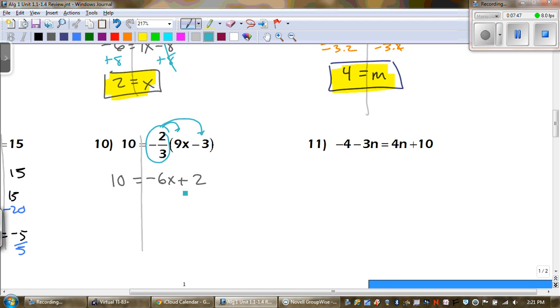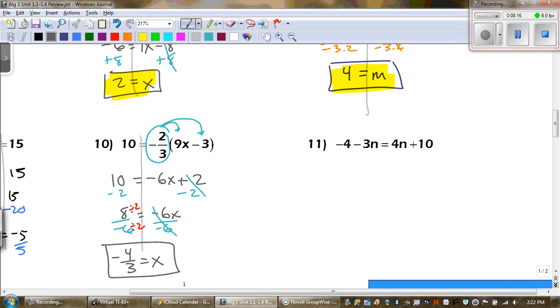All right, now that all the scary stuff's away, all we're doing is SADMAP. We get 8 equals negative 6x. I'm going to divide that by negative 6. That gives me a fraction. The only thing you need to do is see if you can reduce, and you can reduce that by dividing both sides by 2. And we get our answer of negative 4/3 equals x.